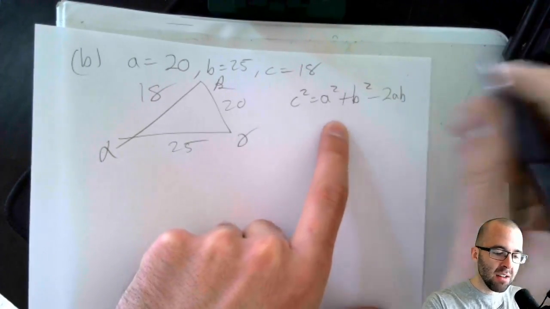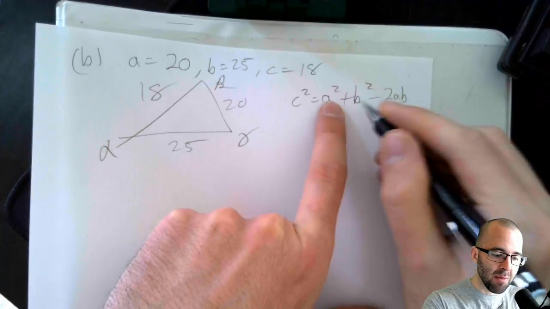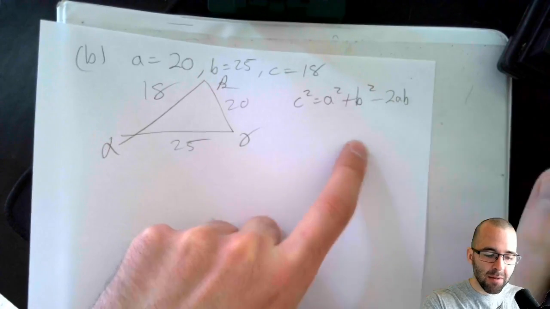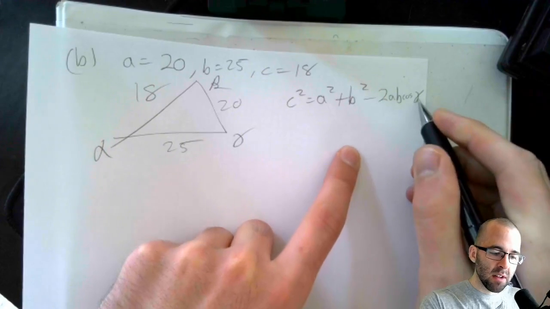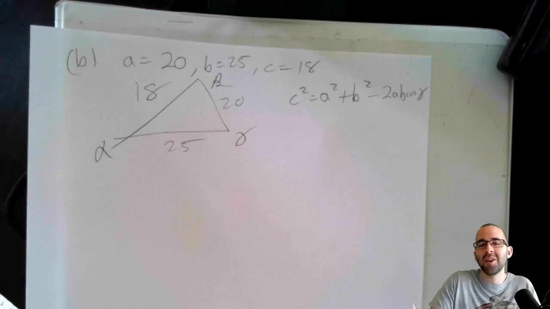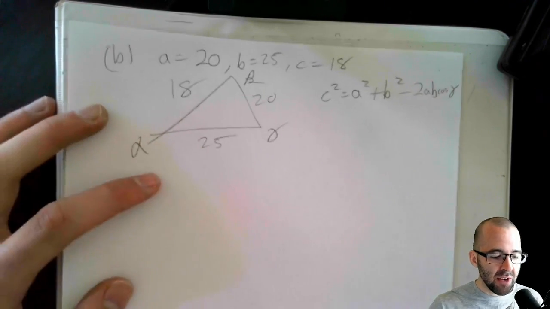Minus 2AB, again, the A and the B are always going to be the same thing that's on. Whatever goes here is always the same thing that's already on the right-hand side. Times the cosine of gamma, the angle that's opposite this side. I'm explaining the formula to you, but you will have your sheet, so you don't need to memorize these formulas, but there it is. And now we just plug things in.